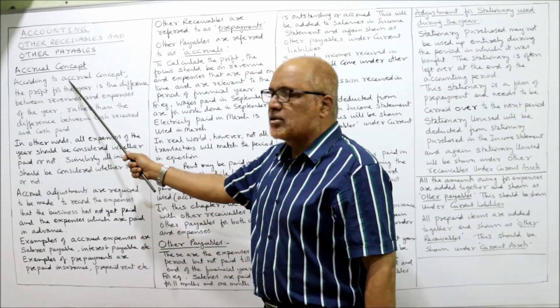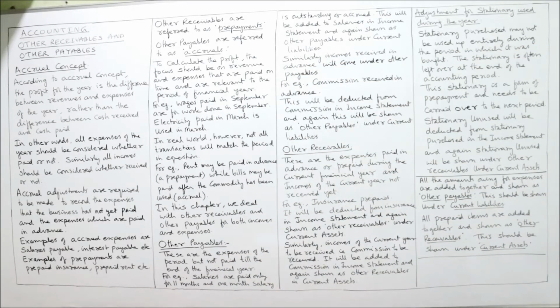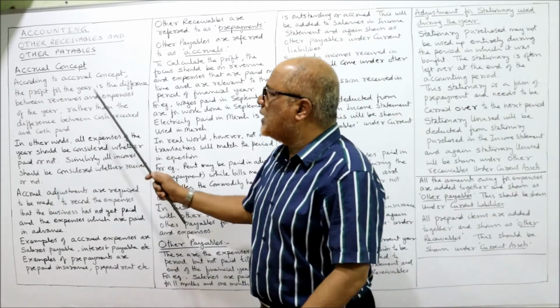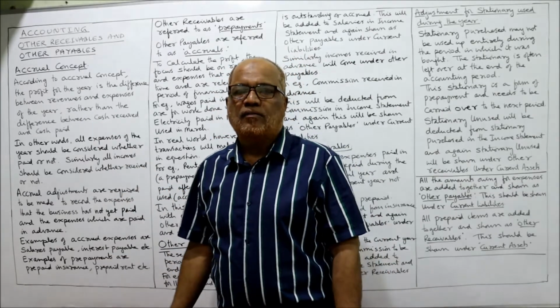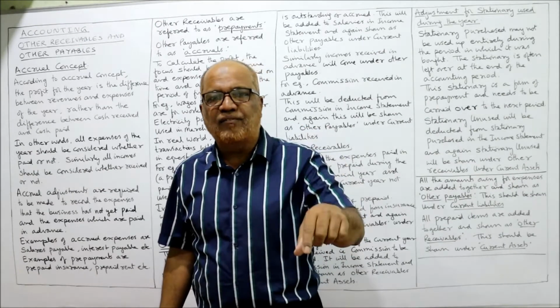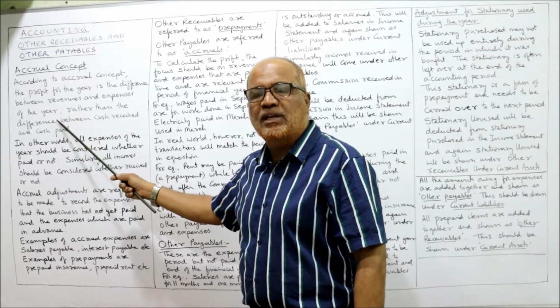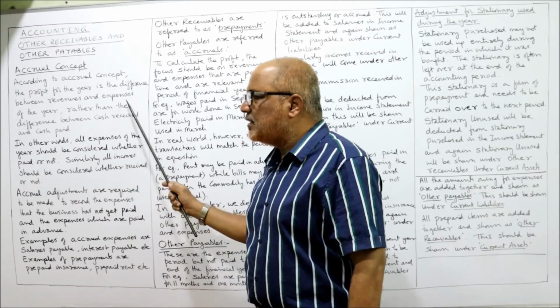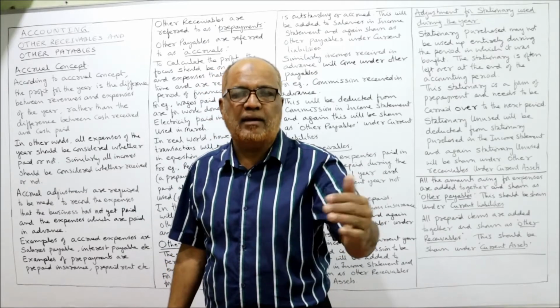According to this accrual concept, the profit for the year is the difference between the revenue and expenses of the year, and not the difference between cash received and cash paid.